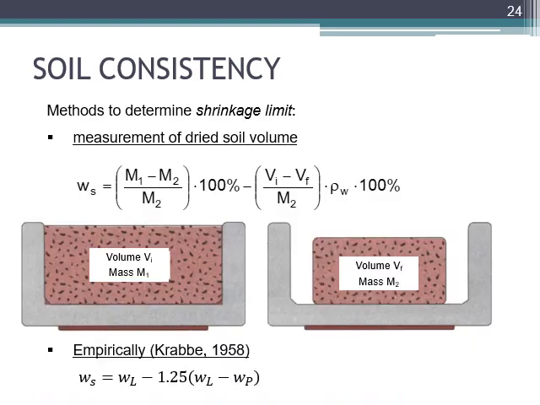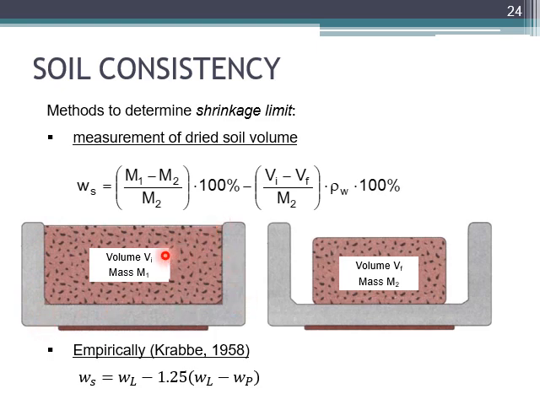To determine the shrinkage limit of soil, you have to control the volume of the sample and its water content. So, for instance, we can put the specimen into a container of the known volume and of some regular shape.